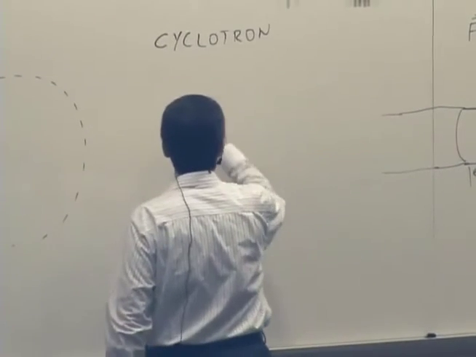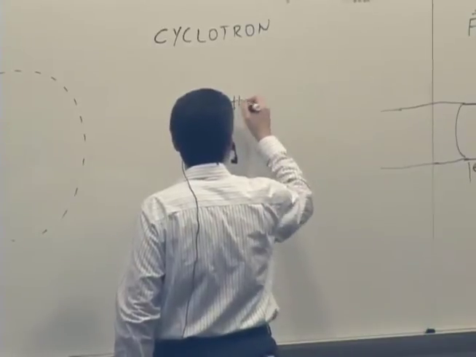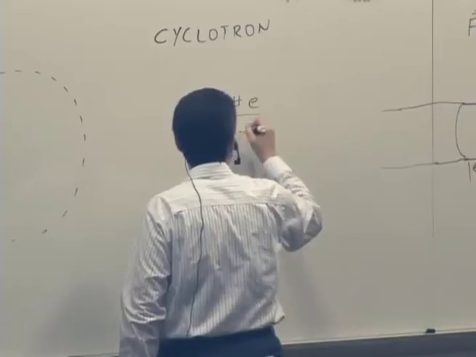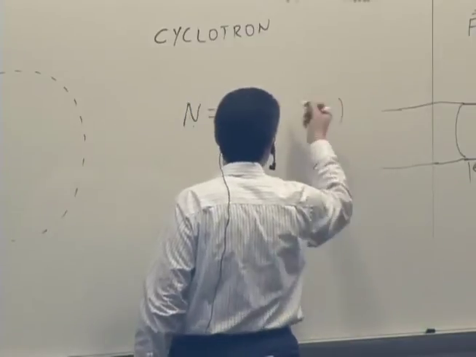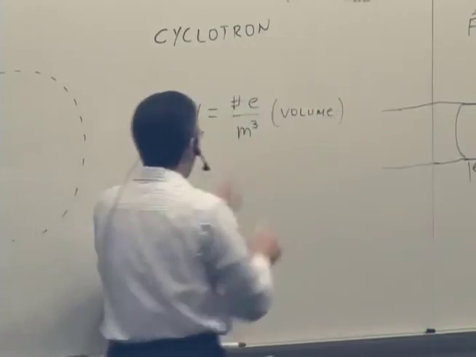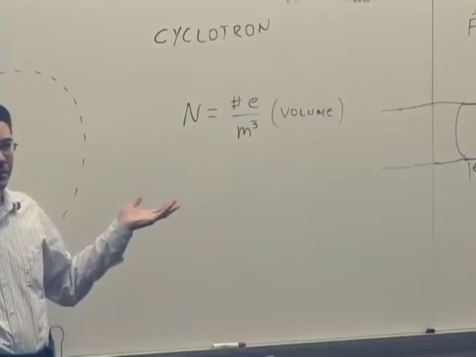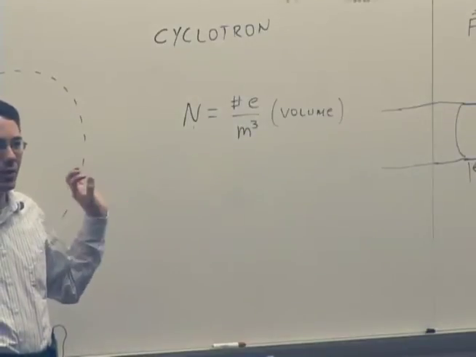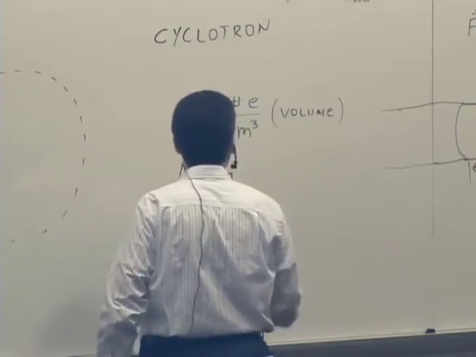We can say that the number of electrons is equal to the number of electrons per unit volume times the volume. What symbol did we use for the number of electrons per unit volume? Not U, that was little n, right? Little n.